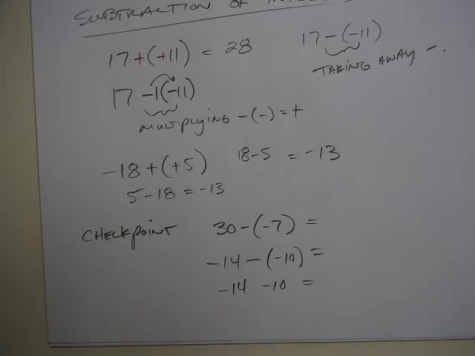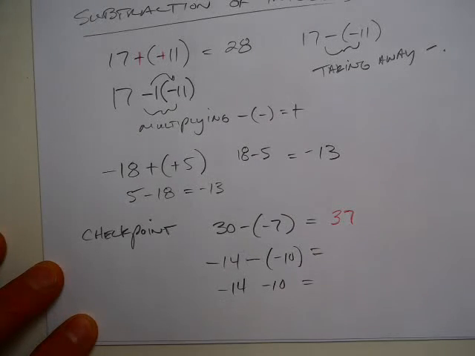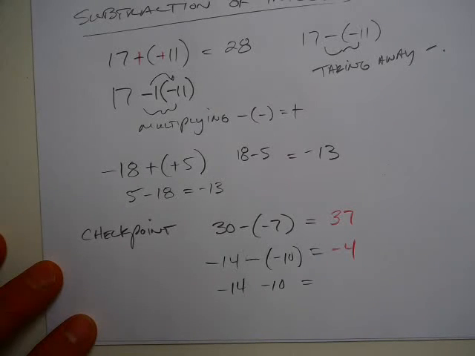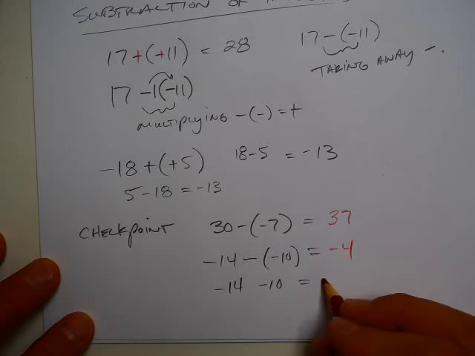What did you get? 37. And maybe -4. Both signs are the same on the bottom one. What do I have to do with that? Add them, put them together, right.